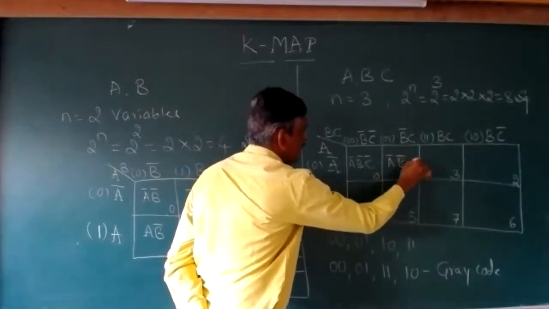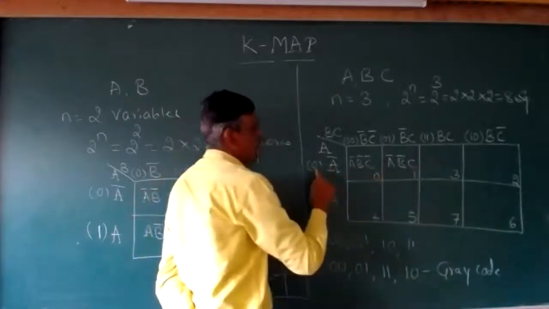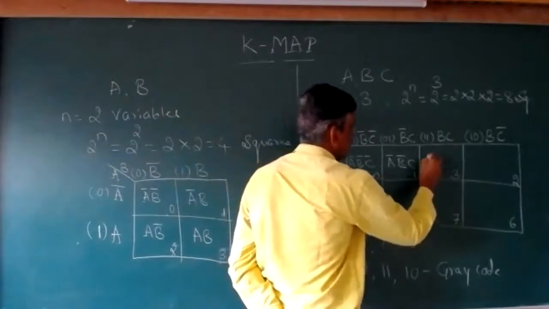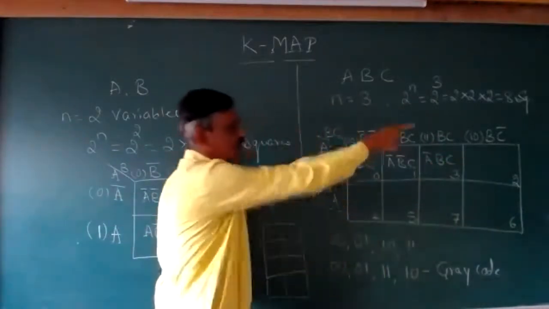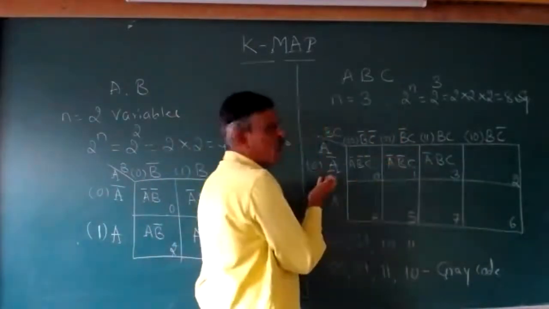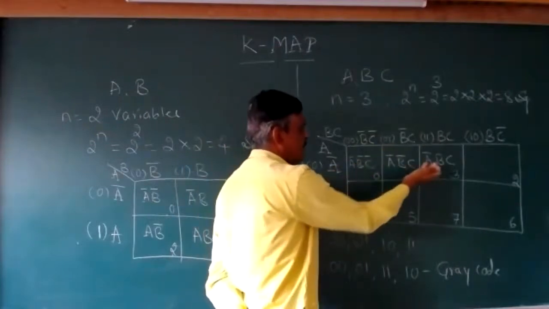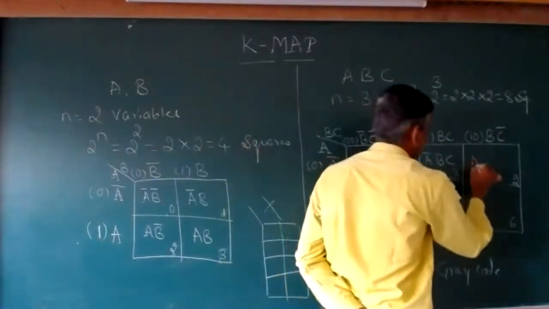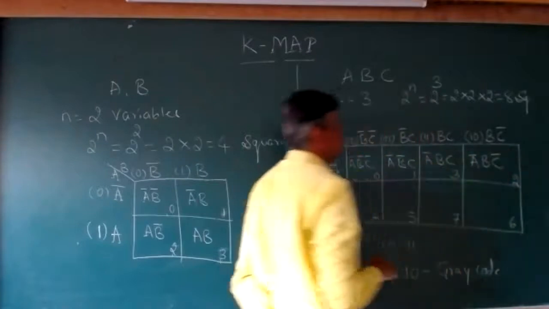And next, for this square, a complement, b, c. And for the last, a complement, since the a complement row is common for all, only the column we are adding. So a complement, b and c complement.